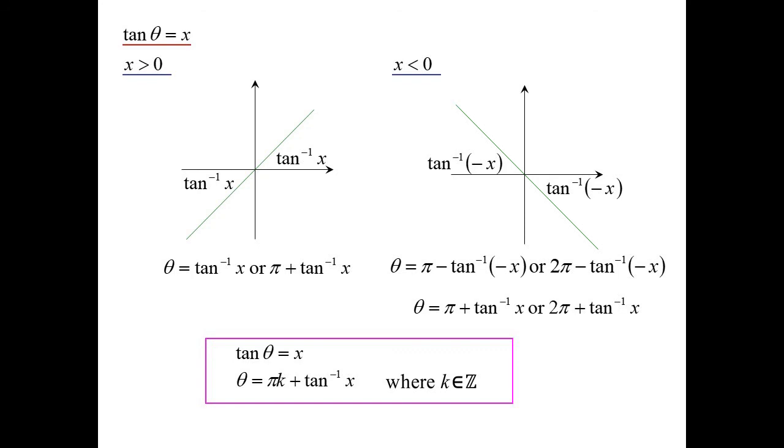So what are they actually expecting from the course now? Let's have a look at some examples. So sine theta equals root 3 on 2, it's one of our exact values, but they haven't specified between 0 and 2 pi. Okay, well, if I was to use the formal definition, I would say it's pi k plus minus 1 to the power of k inverse sine of root 3 on 2.